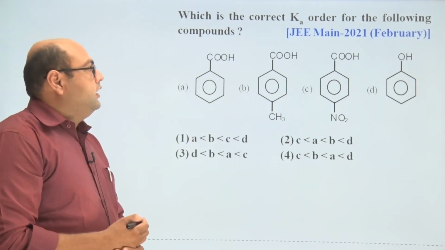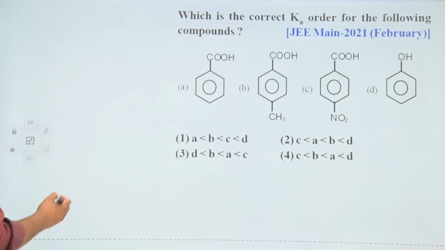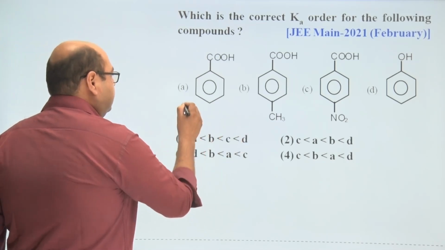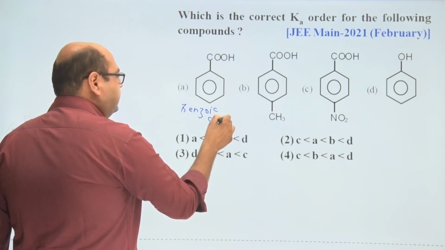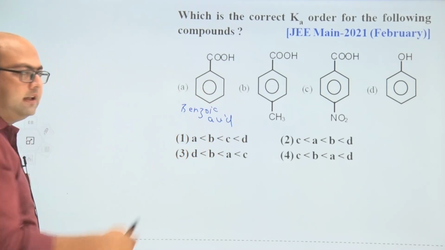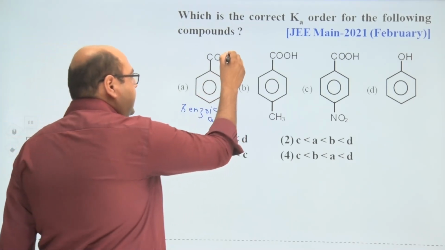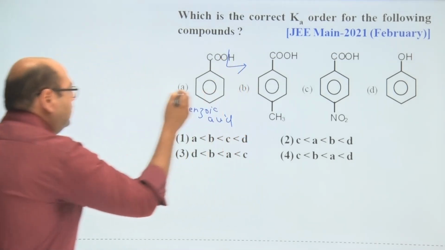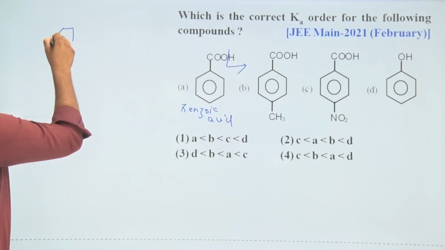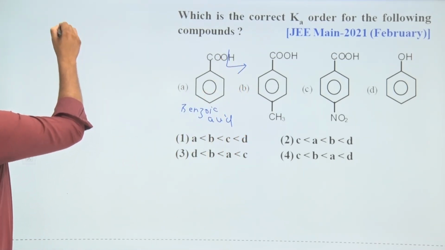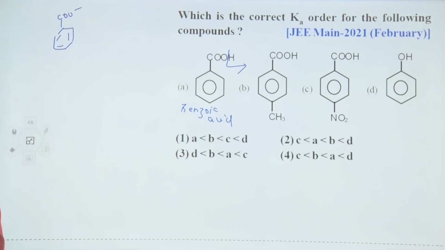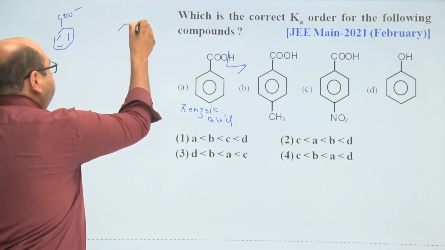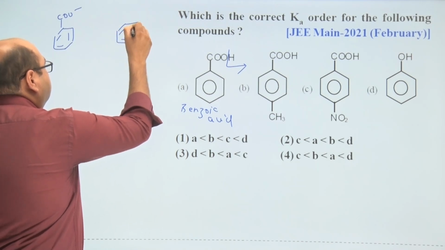Which is the correct Ka order of the following compounds? First is COOH. See, this is benzoic acid. Name is not important. What it will do, see, benzene ring connected to COOH, it will lose this H plus ion, and what will be formed? COO minus will be formed. Okay, if we are opening this COO minus, then how will it look?